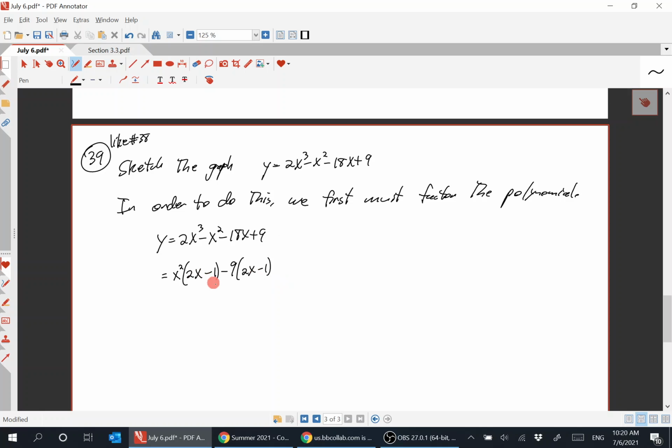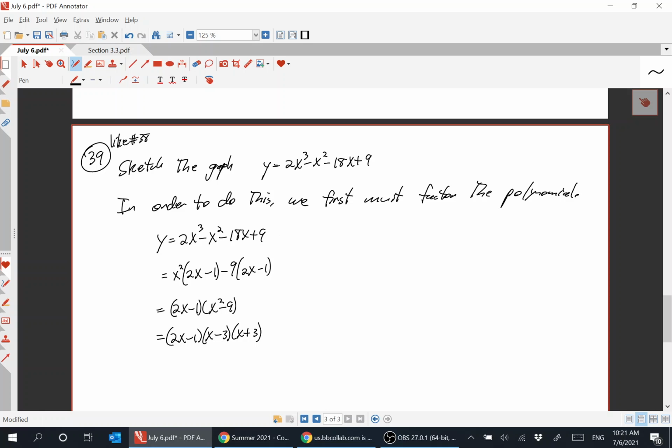When you factor the two grouped terms and you're left with another common factor like that, that's when this technique works, then you can factor that out again: 2x minus 1 times x squared minus 9. So that's 2x minus 1, and then this is the difference of two squares, like that.